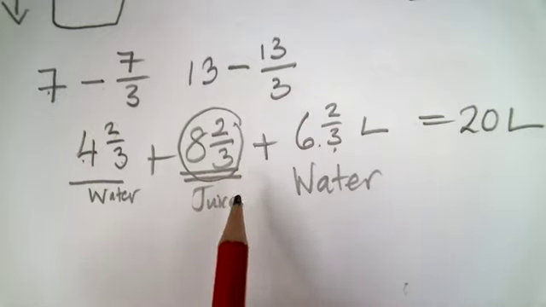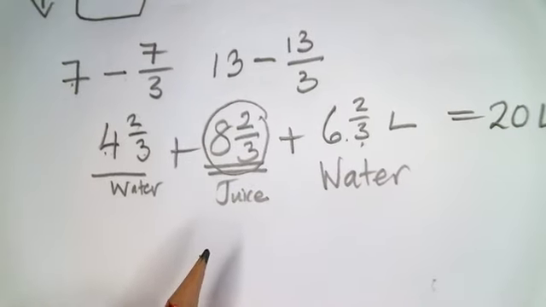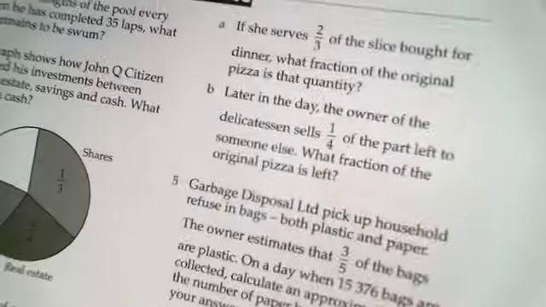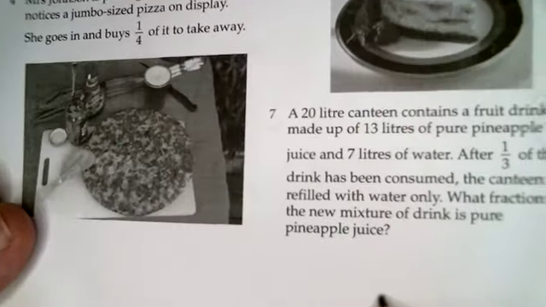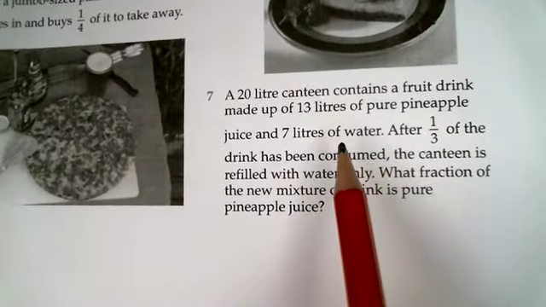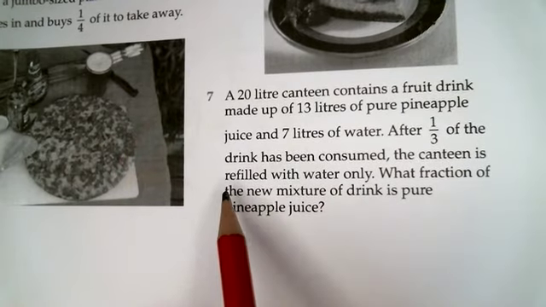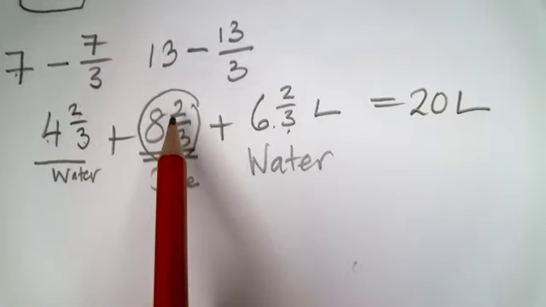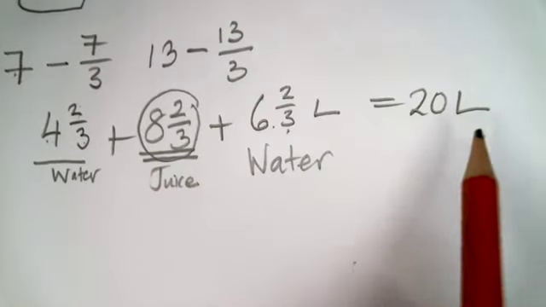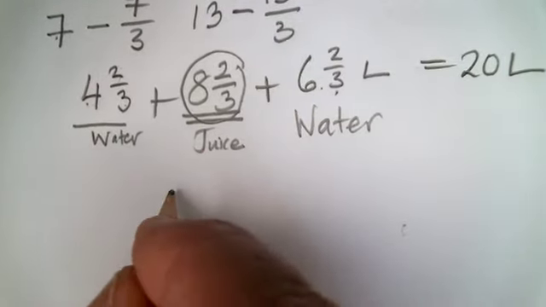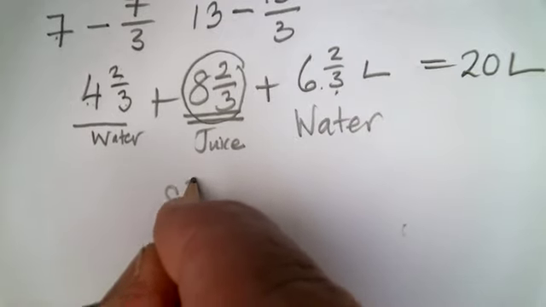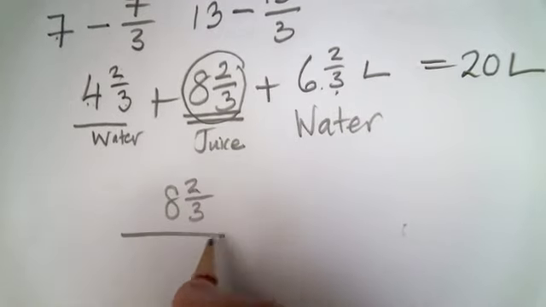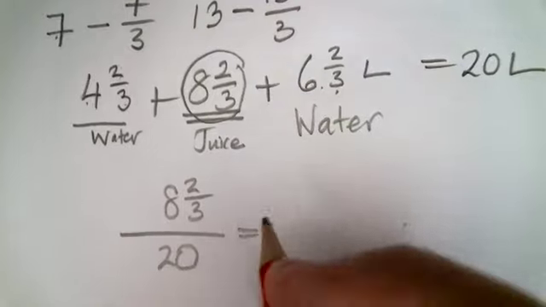So the question really, let's take a look at it. Here it is. It says, what fraction of the new mixture of drink is pure pineapple juice? So here is my pure pineapple juice out of 20. So the actual answer is going to be the amount of juice, 8 2/3 out of 20. And you can just do that on your calculator.